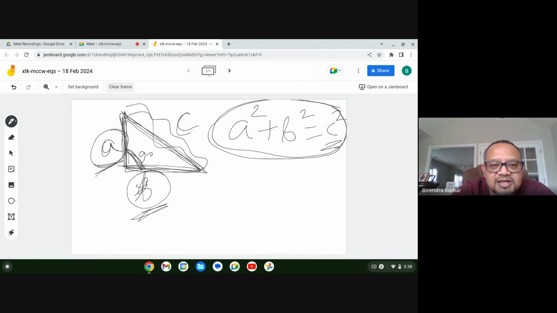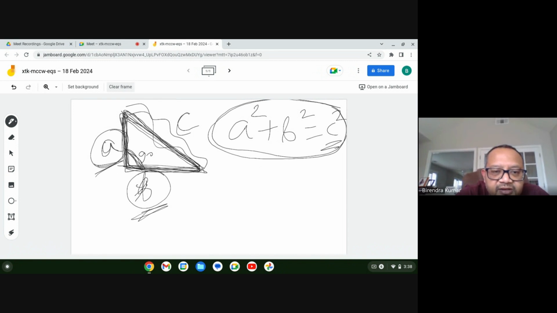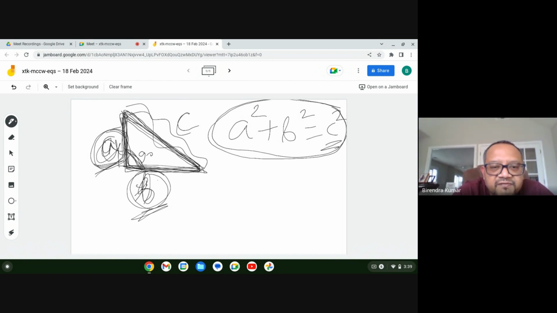What it means is, again I'm repeating, Pythagoras theorem says that in a right angle triangle, the square of the sides making the right angle, meaning side A and side B, is equal to the square of the hypotenuse.